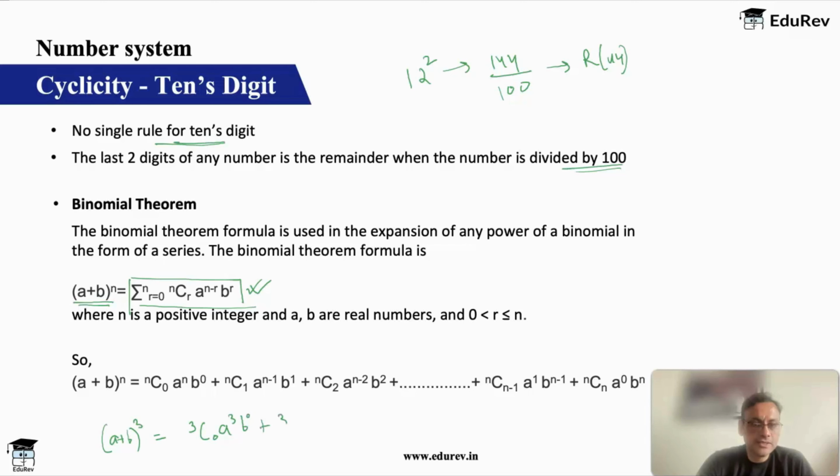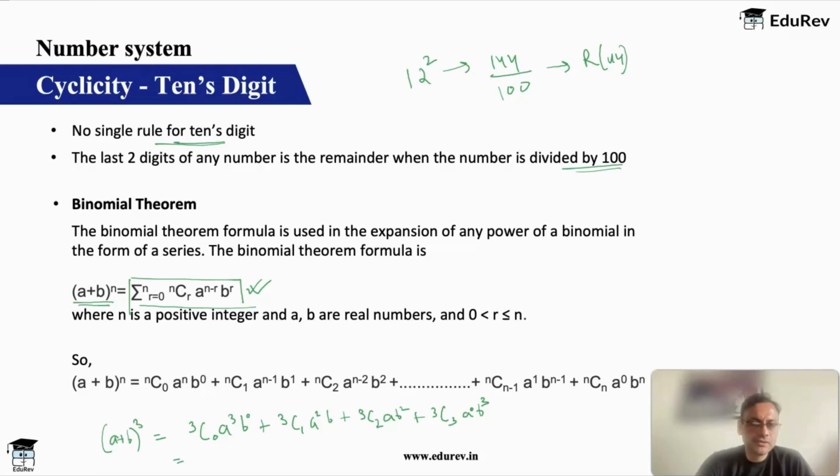Then 3C1 a square b plus 3C2 a b square plus 3C3 a to the power 0 b cube. This is the formula. You start with nC0 and you end at nCn.